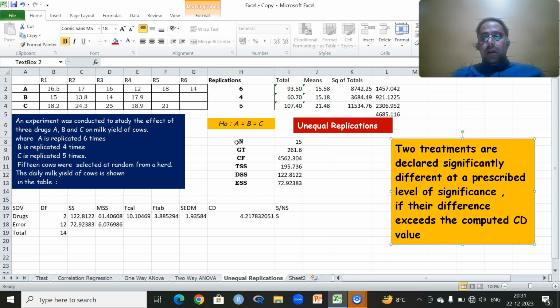This is a very simple and basic analysis which you can perform if you are doing an analysis in a CRD with unequal number of replications. I'm expecting that this video will be of some preliminary help for your basic analysis regarding CRD with unequal number of replications.